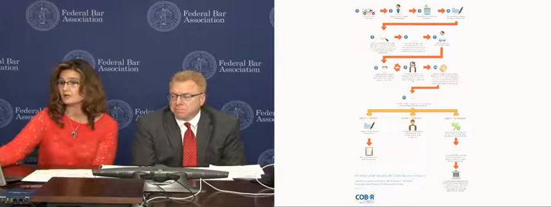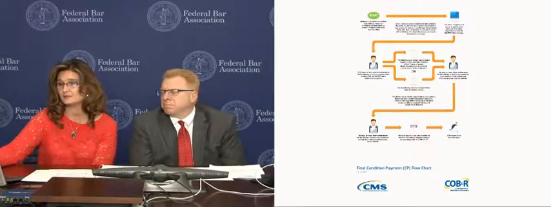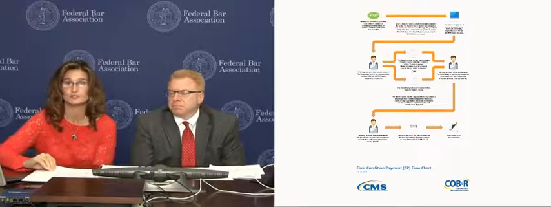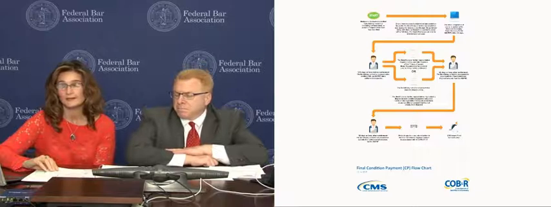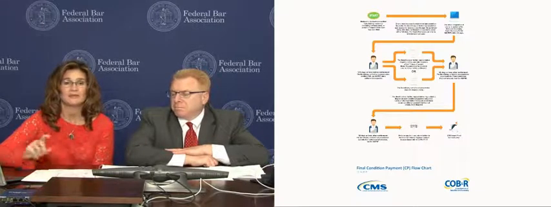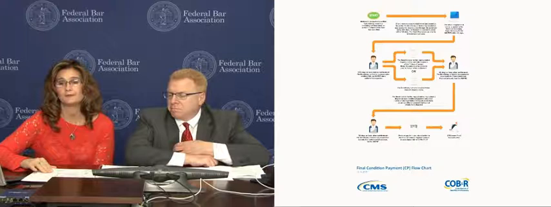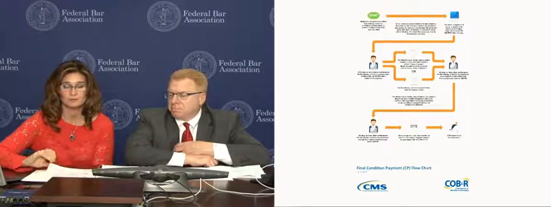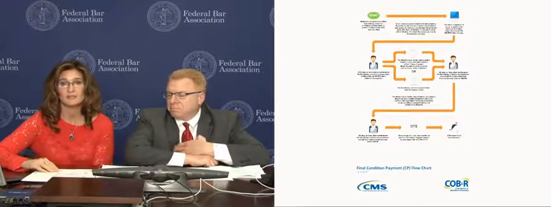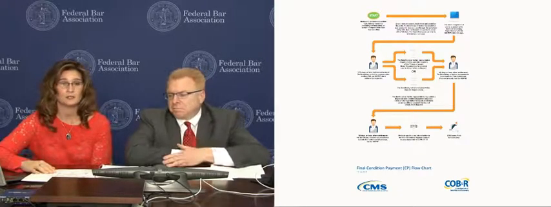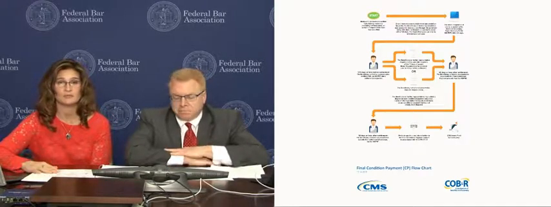All right. Our next one is, again, just a little flow chart, and this is actually just how to go through the final conditional payment process. That means activating that new bubble on the bottom of the case information page on the portal, putting your case into the recovery status and notifying Medicare that you think you're going to settle your case soon.